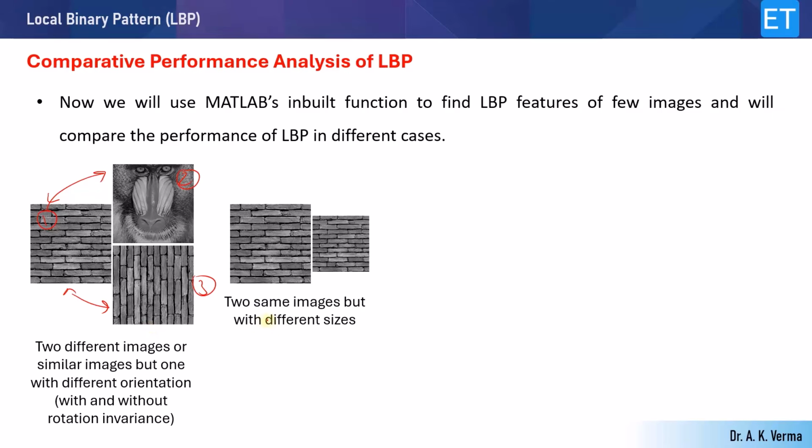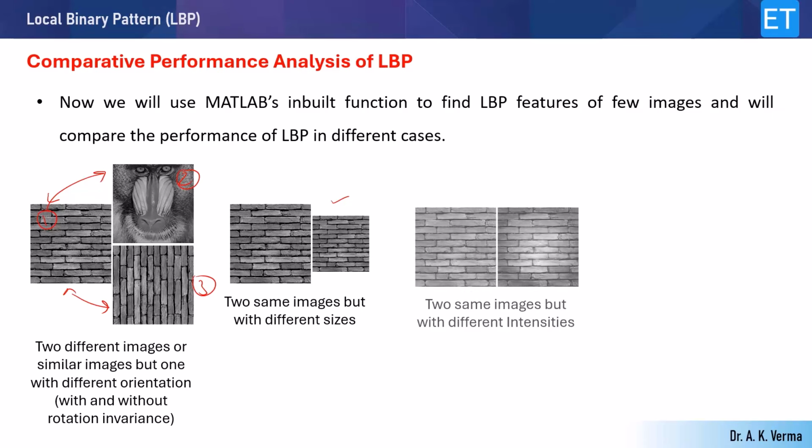Now consider the second case. Here I will show you the scale invariance. I have the same image, and the second one is the reduced version of the first one. Here I will show you that the LBP features of both images are almost the same. That shows the scale invariance. In the third case, again the image is the same, but there is a change in the intensity, you can see.